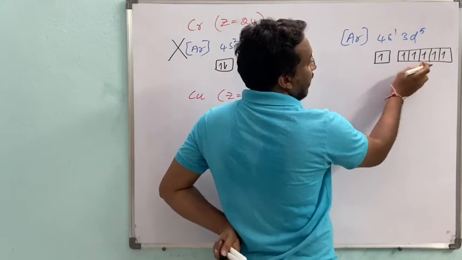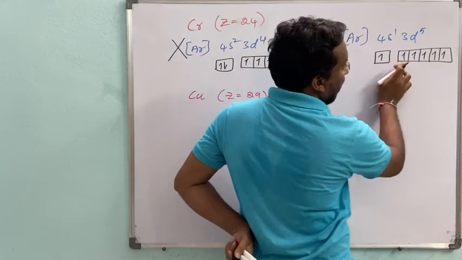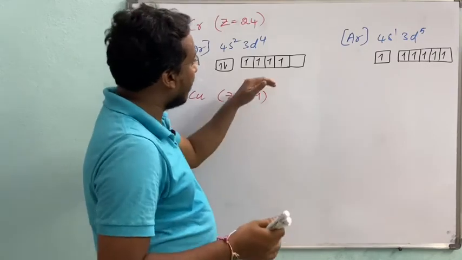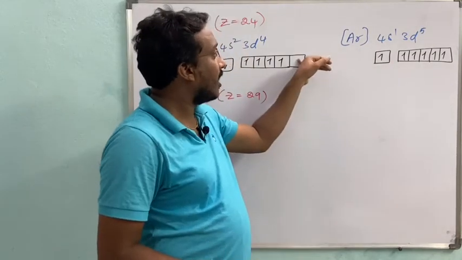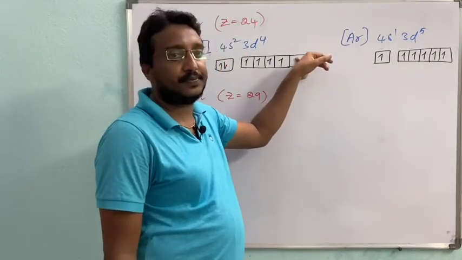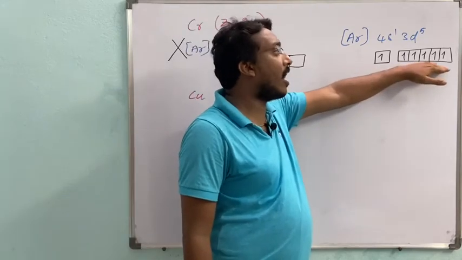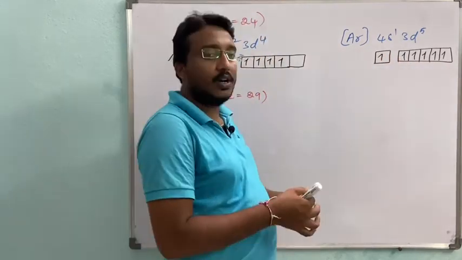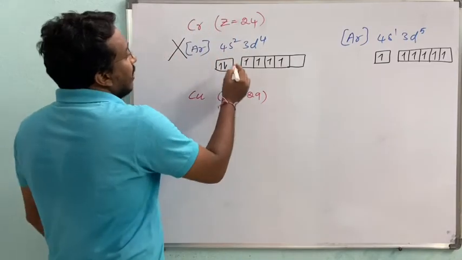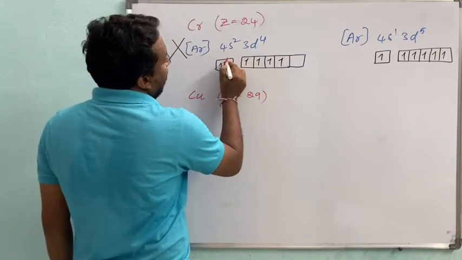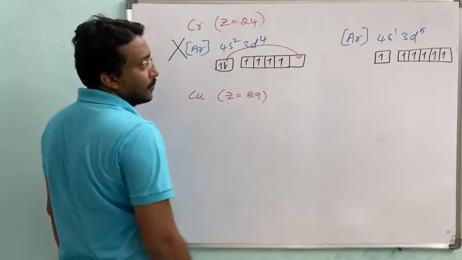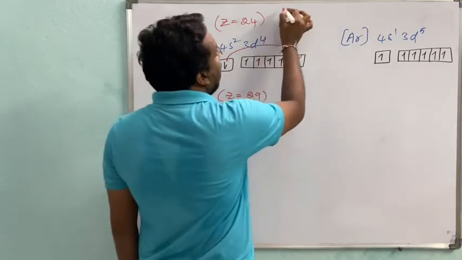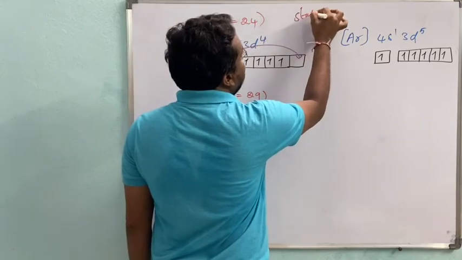Then we start the pairing after filling up one electron each. Have you noticed that in the wrong configuration one orbital is empty, here it is completely half filled? When we send the electron from 4s to 3d, now this chromium becomes a stable one.